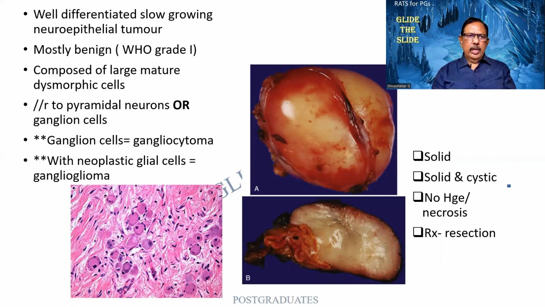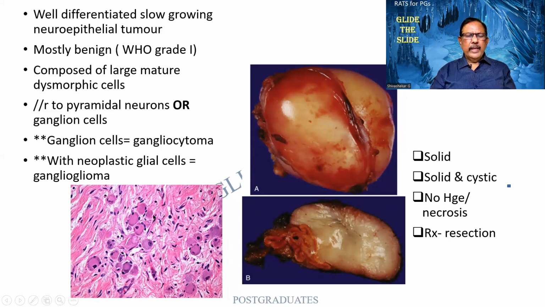Now, what are we going to see in this? It is a well-differentiated, slow-growing neuroepithelial tumor. It is mostly benign, WHO grade 1. It is composed of large, mature, but still dysmorphic cells. In the sense, you find that there is a crowding of the ganglion cells.